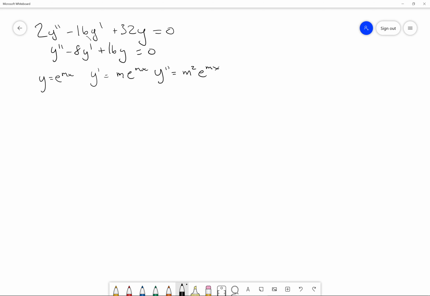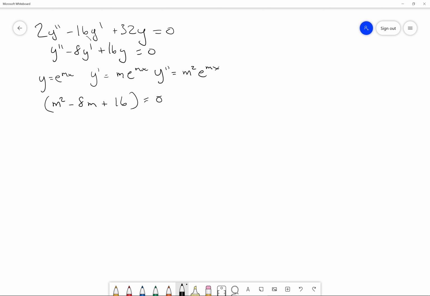We're going to sub this into our differential equation and then factor out the e to the mx, so we can go straight to the characteristic equation. Anywhere you see y double prime, that's basically m squared. So we have m squared minus 8m plus 16, and this equals 0.